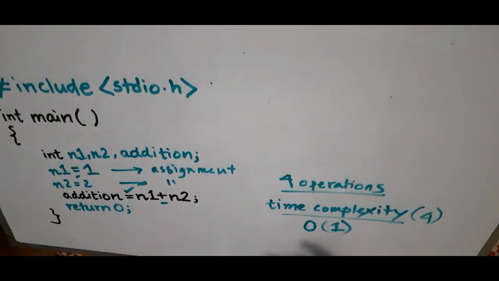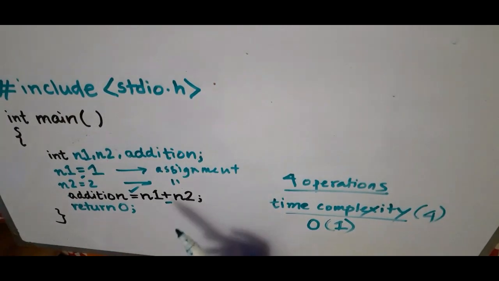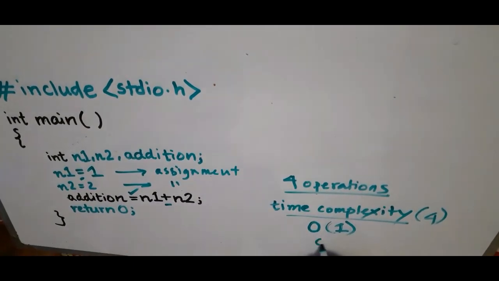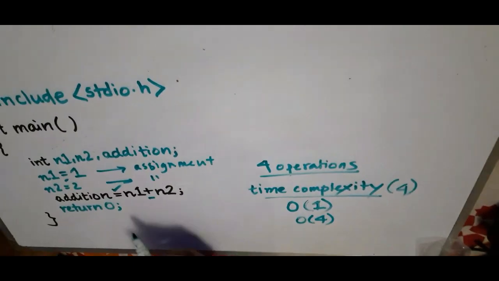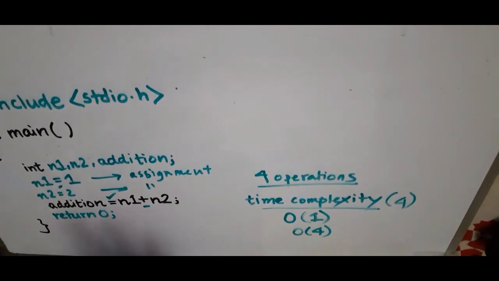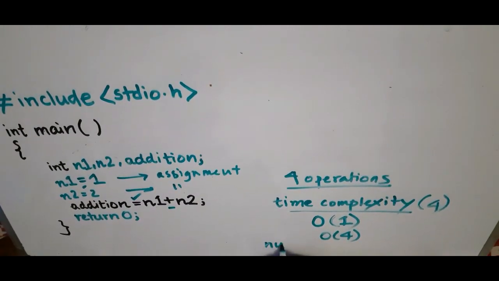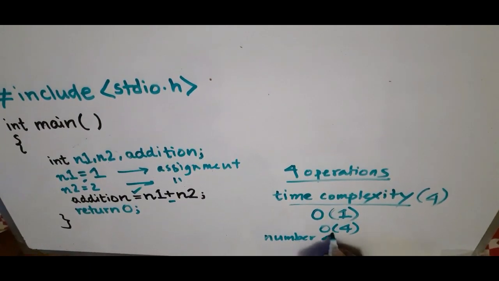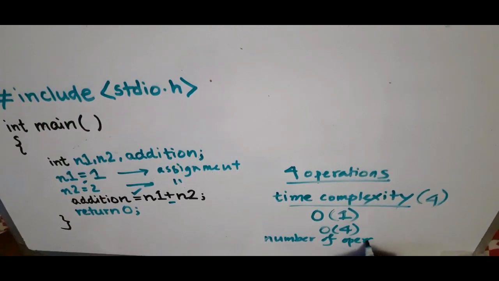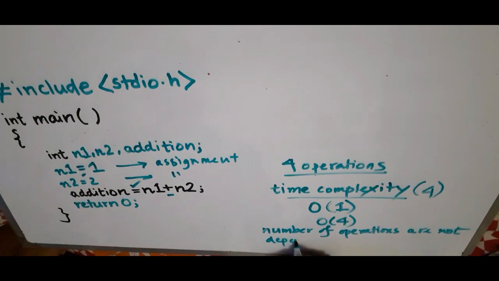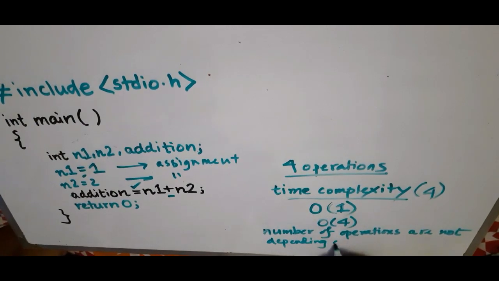Why is that? It's because even if there are 4 operations, the time complexity will not be 4, because if you observe closely, the number of operations are not depending on, you can say, n, right?